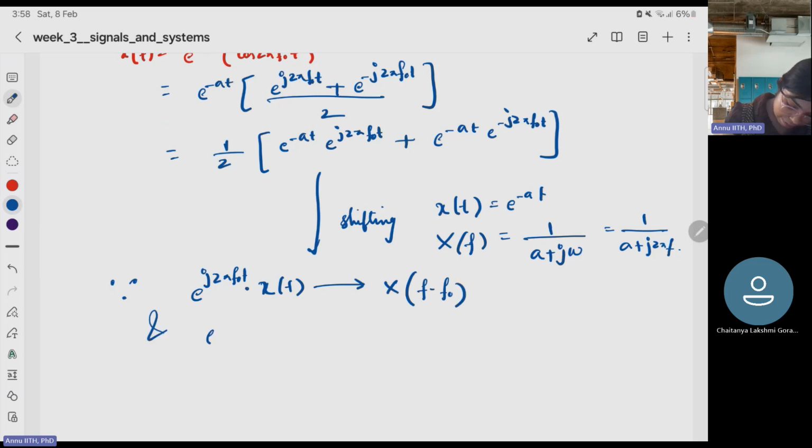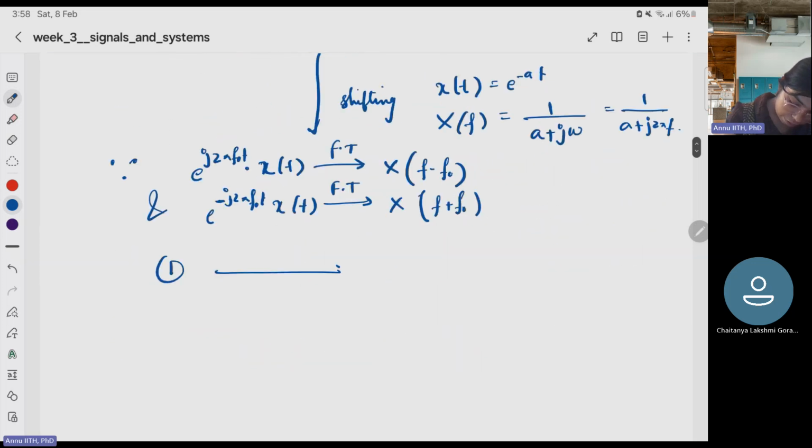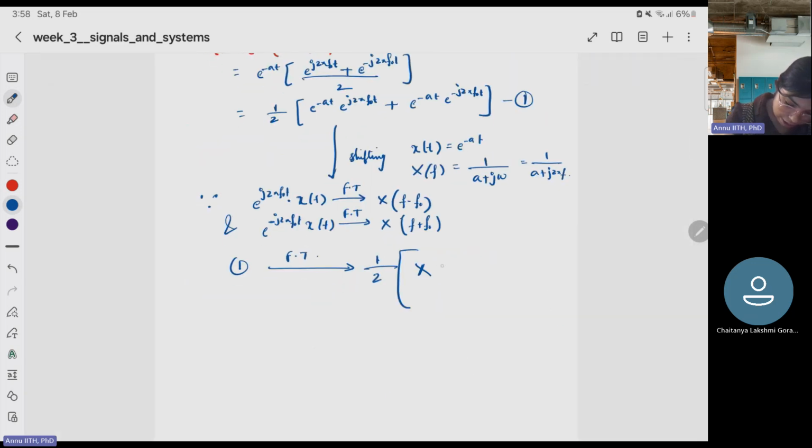And if it is multiplied by e^(-j2π f0 t), then it goes to X(f plus f0). So this equation will go to the frequency transform: 1/2 times 1 upon a plus j2π(f minus f0).